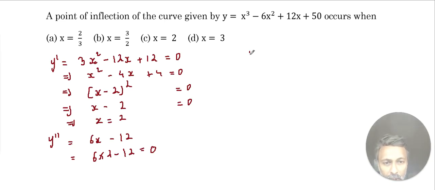So we go for the third derivative. If this derivative is non-zero, then x is equal to 2 is a point of inflection. Let's see. 6x minus 12's derivative is 6, and it is non-zero. So x is equal to 2 is our point of inflection. MCQ's option.